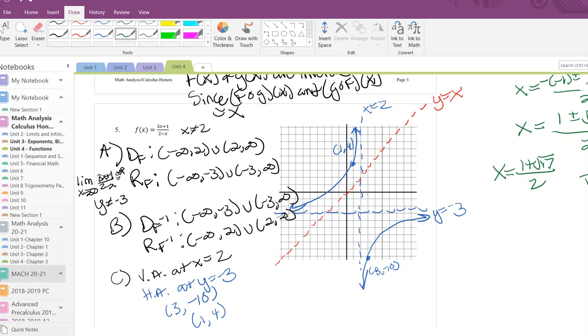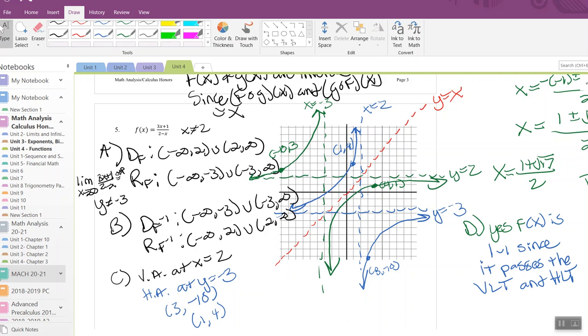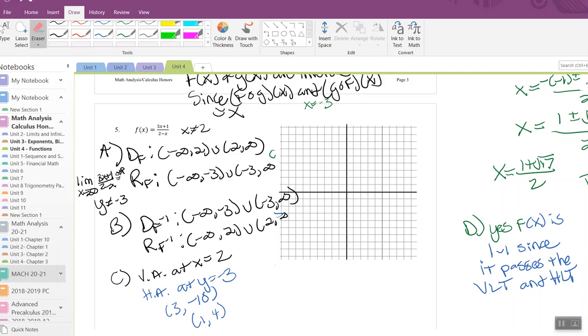So if we use that philosophy, since x cannot equal 2, there's going to be a vertical asymptote at x equals 2.